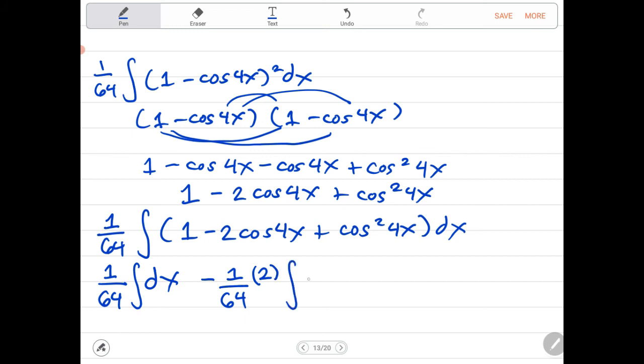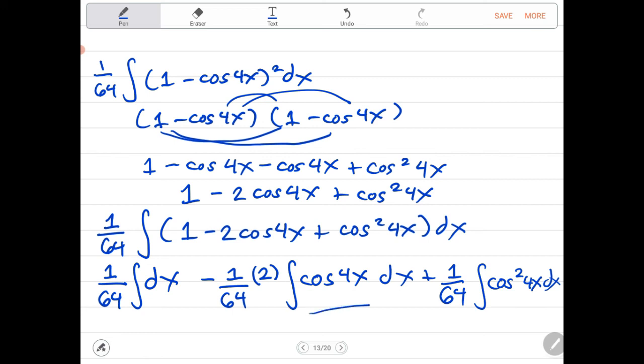Then the integral of cosine 4x dx plus 1 over 64. Okay? Remember, lahat yan may 1 over 64 because we are going to distribute. The integral of cosine squared 4x dx.